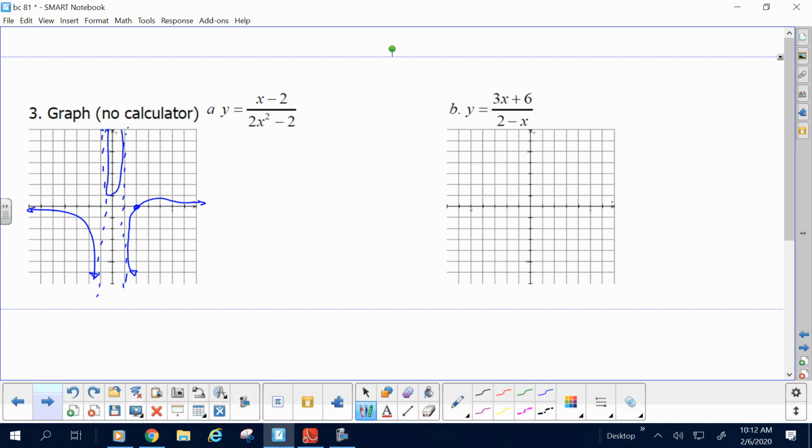This has x-intercepts at -2 and a vertical asymptote at +2. And the end behavior is a horizontal asymptote at positive or negative? -3. Because you have to look at the sign in front of the x as well. And the graph looks something like that.